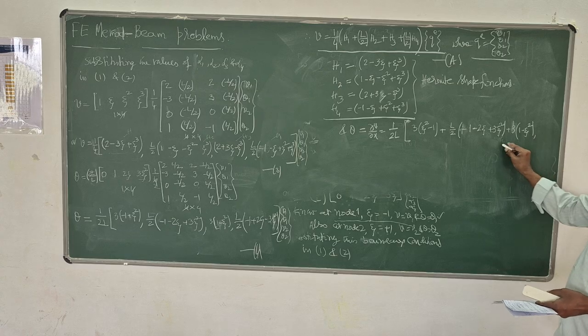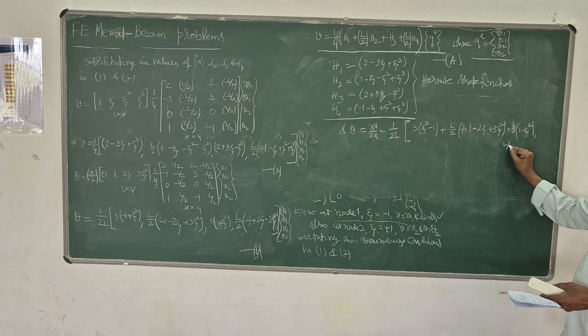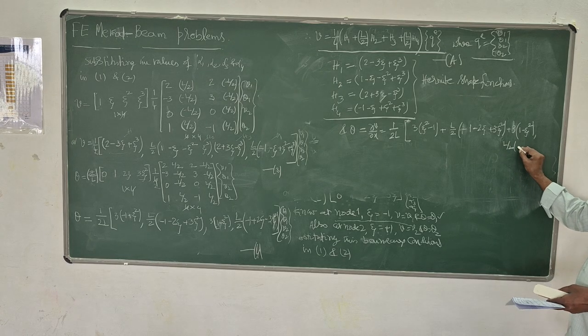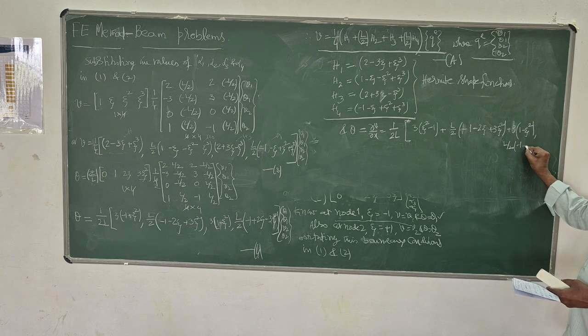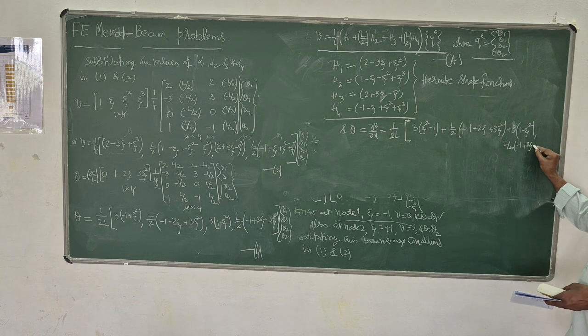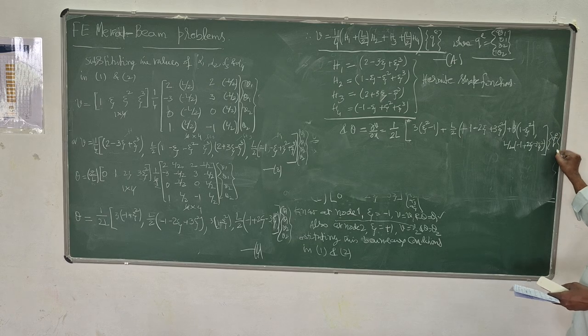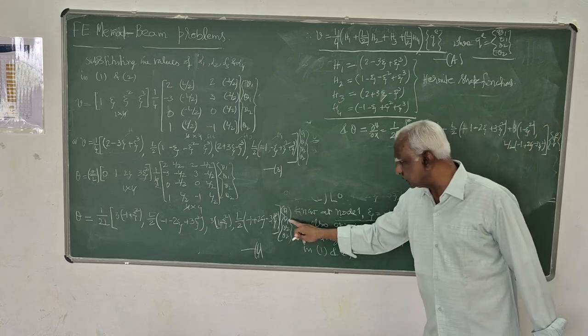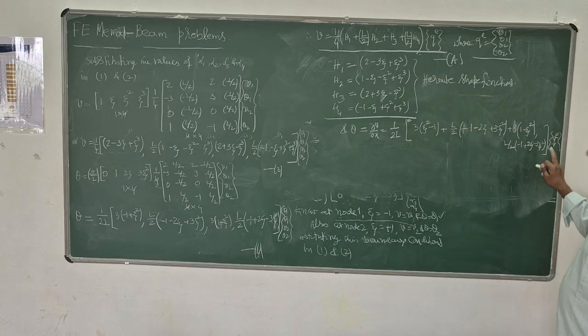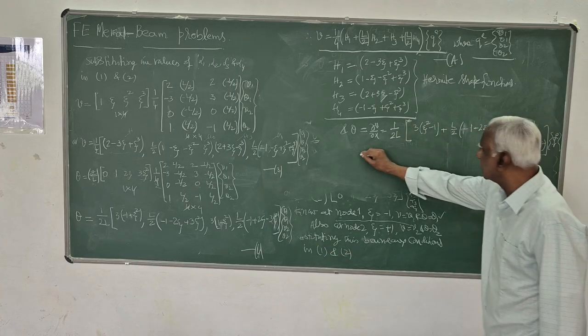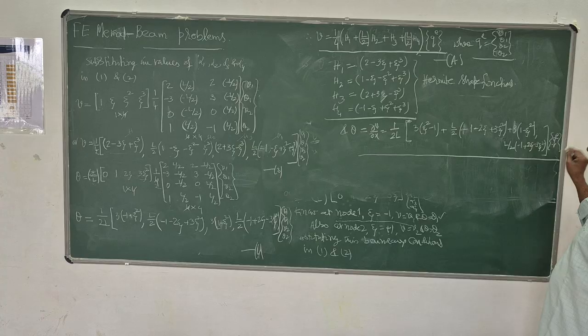Then L by 2 into minus 1 plus 2 xi minus 3 xi square. This is multiplied by QE. Instead of V1, theta 1, V2, theta 2, I am writing it as QE. So this is that equation.